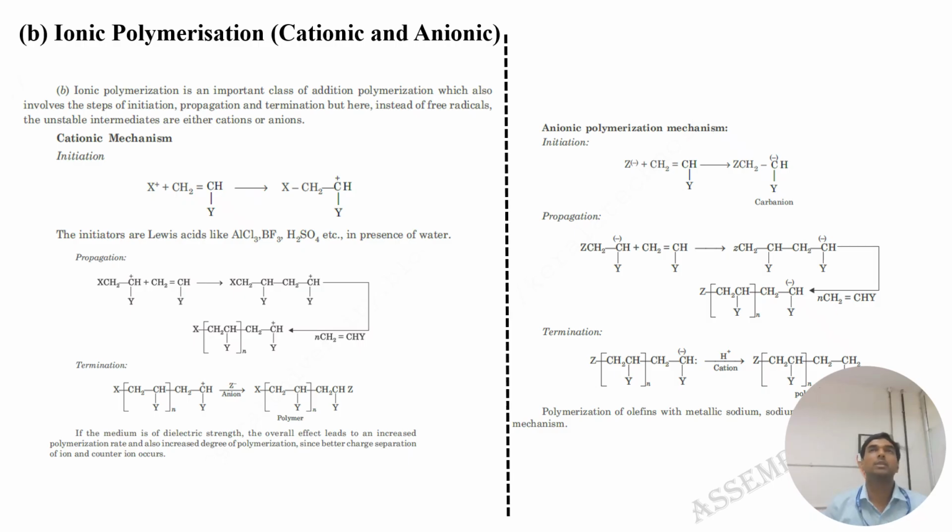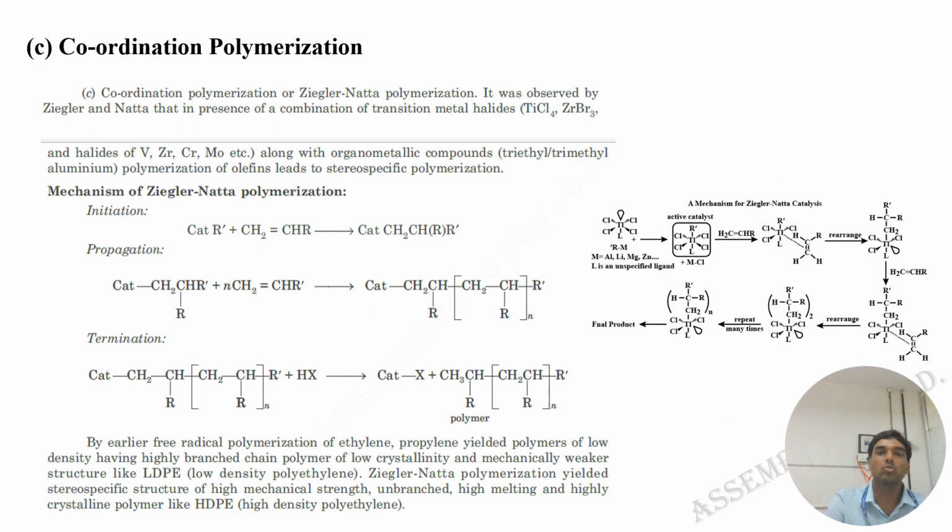But again, in ionic polymerization, atactic polymer or chain polymerization is more likely. So if you want to control this polymerization, specifically if you want to prepare isotactic polymer, you have to use the Ziegler-Natta catalyst, which is TiCl4 with zinc bromide or aluminum chloride.